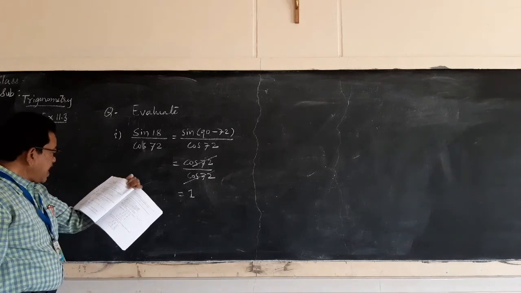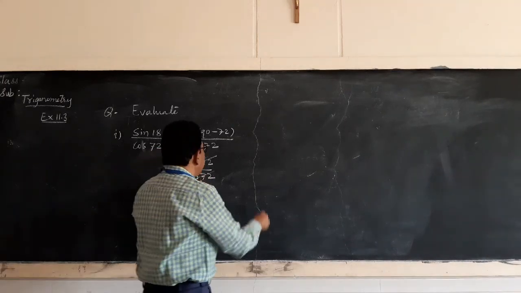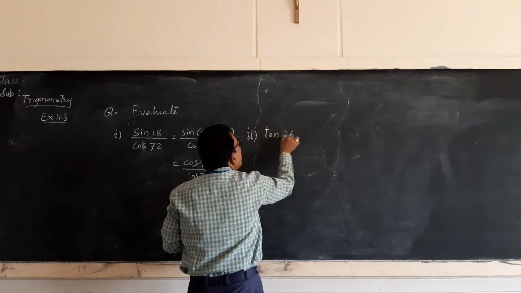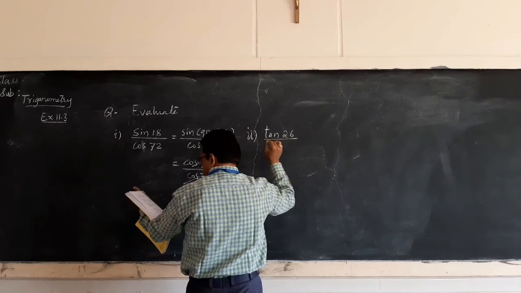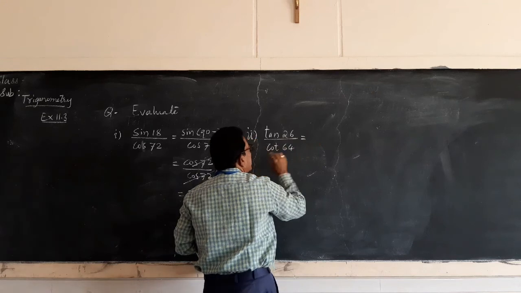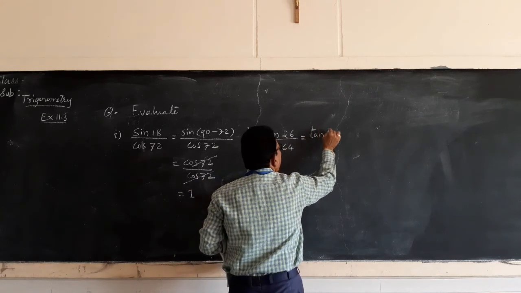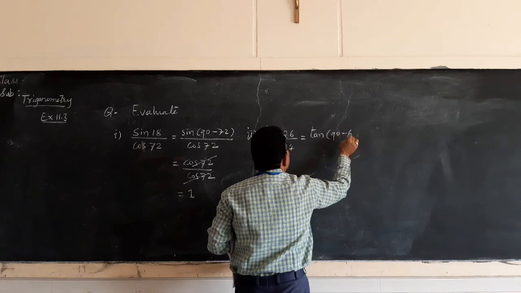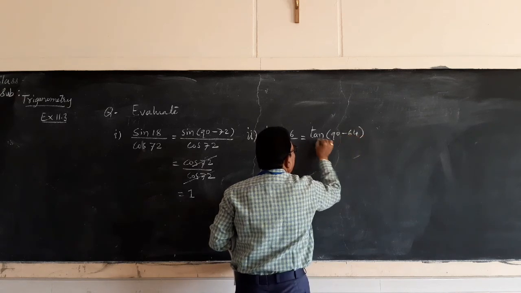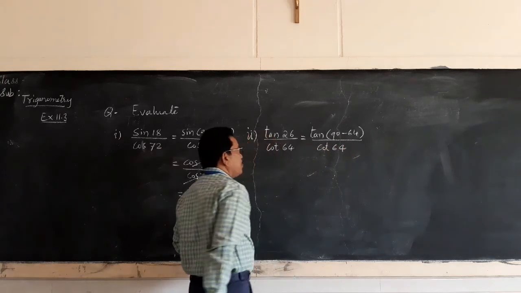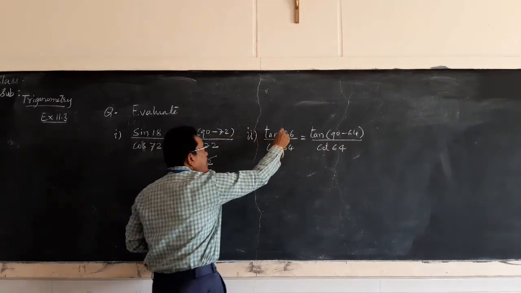So the second one, tan of 26 divided by cot of 64, that is equals to tan of 90 minus 64. 90 minus 64 is 26.